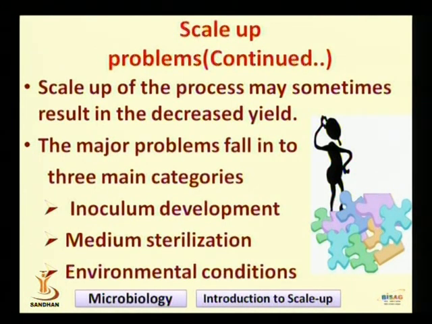The second one is medium sterilization. It is also a scale dependent parameter, and we know that the fermentation media are sterilized in order to reduce the number of contaminating organisms to some standard which has been previously set, and irrespective of the scale of the operation, that remains the same.